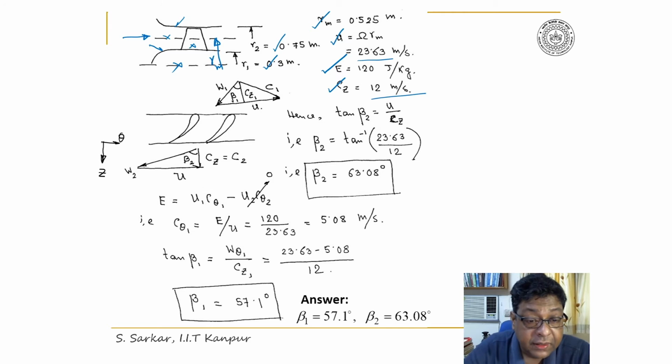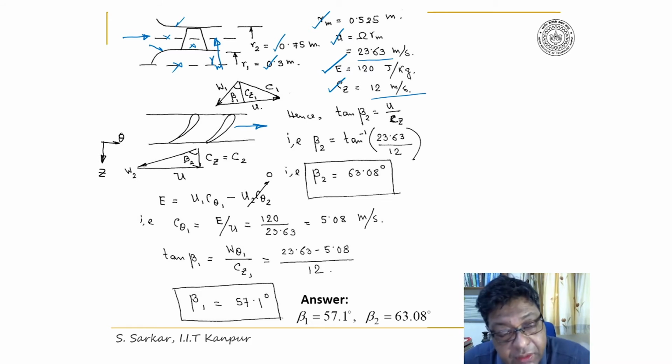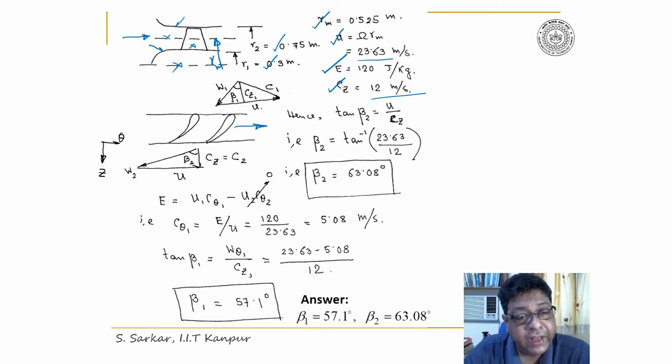Now here I have considered the direction of rotation to be the same, and as before, if I stretch the circumferential section at the mean radius, then I'll get the blade profile as indicated here.